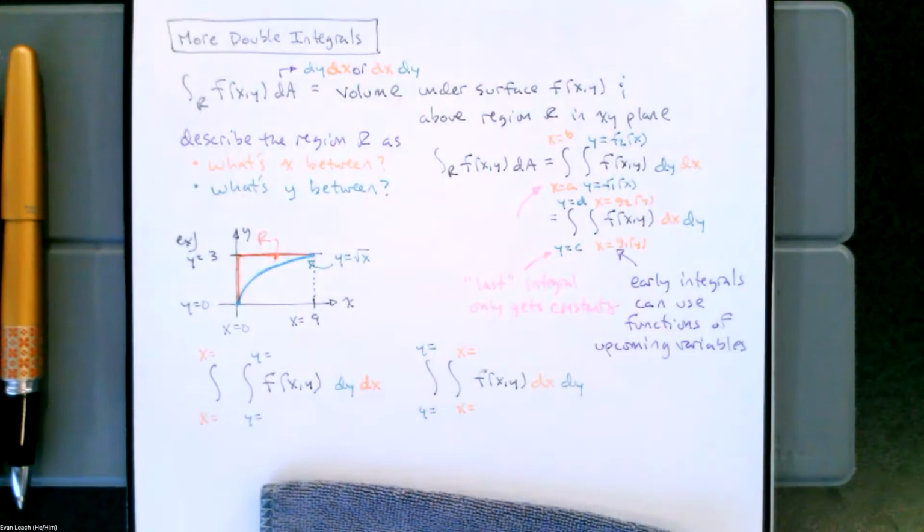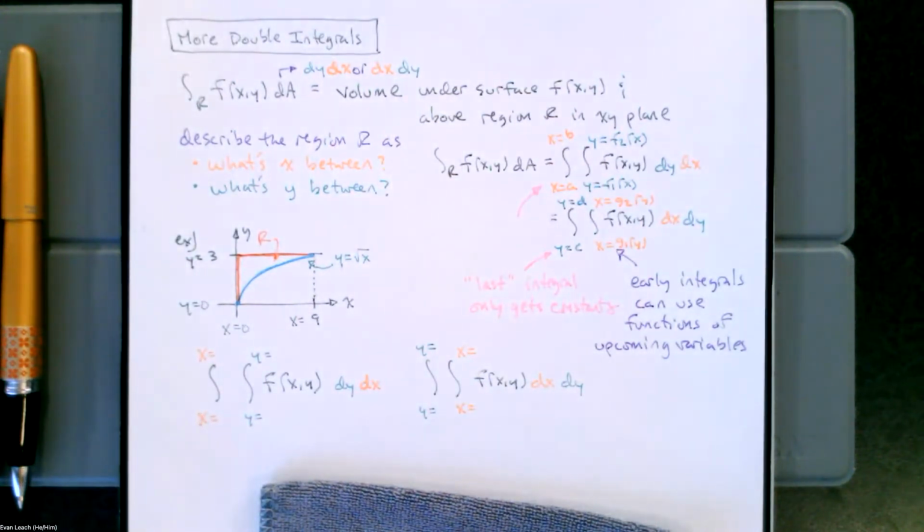All we have to do is identify what's x between and what's y between, and make sure that we follow our rules. Our last integral only gets constants. Early integrals can use functions of upcoming variables.